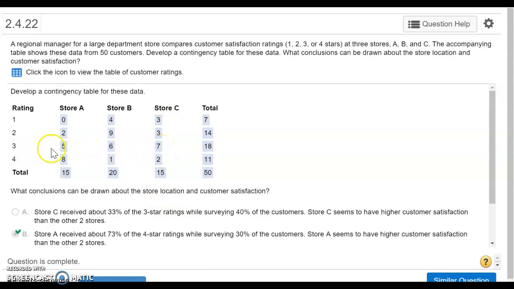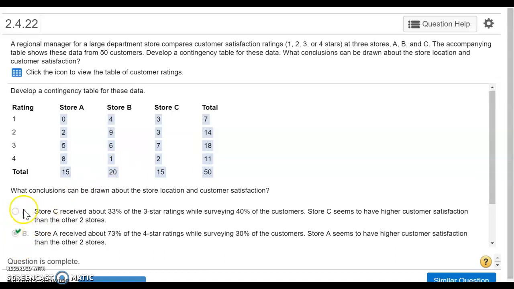Well, if we look across, we can see there were 18 total 3-star ratings. And store C had 7 of those. So if you did 7 divided by 18, you would actually see that store C got about 38, rounded up 39% of the 3-star ratings. So this answer choice could not be correct.